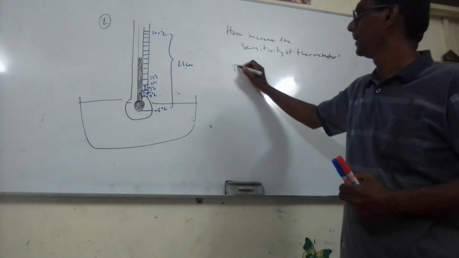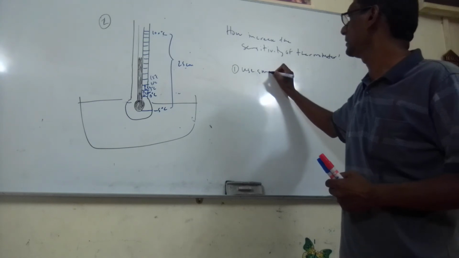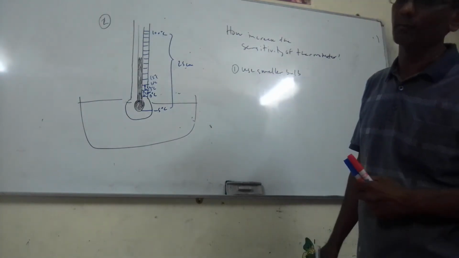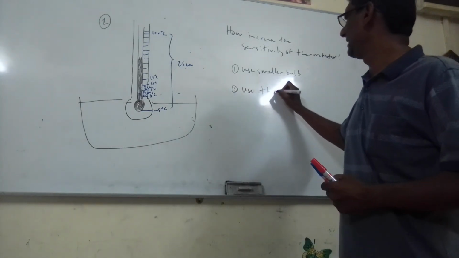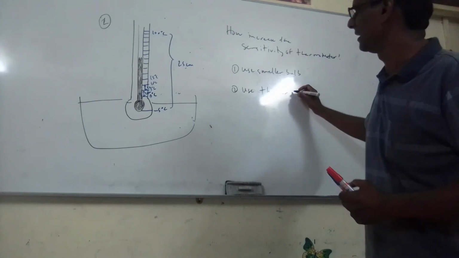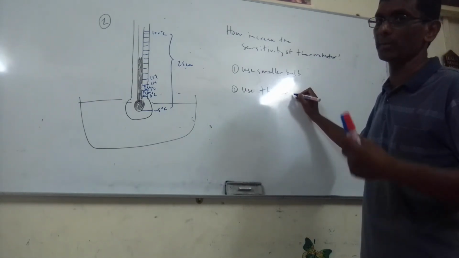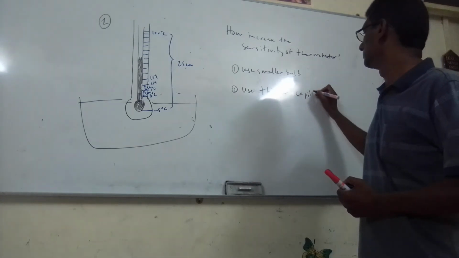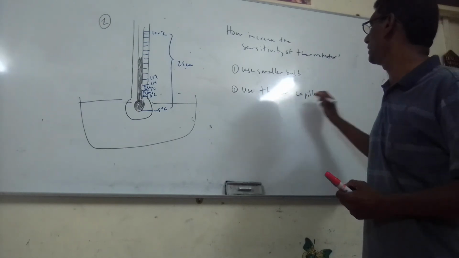First one, use a smaller bulb. Number 2, use a thinner capillary tube, a thinner capillary column. Use a thinner capillary tube.